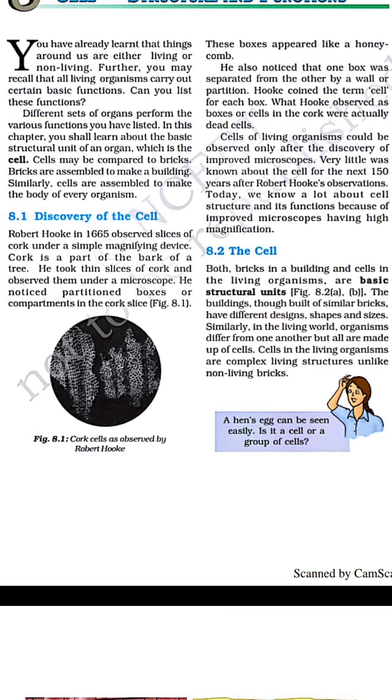So the observation of living structures or living cells was not known to us, and we knew very little about cells. After 150 years of Robert Hooke's observations, we came to know about living cells.